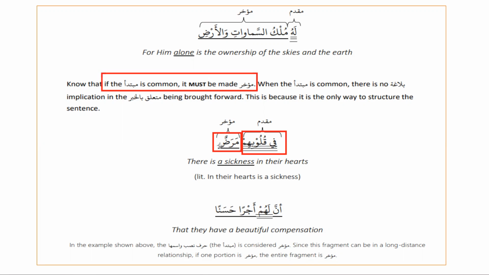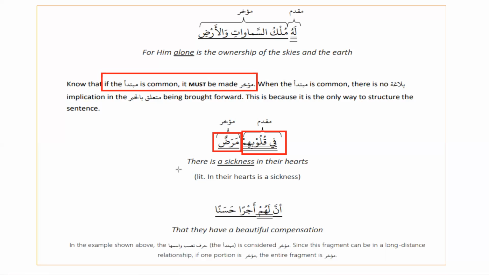Oh sorry, a mubtada which is nakira should be muakhar. That's the normal way it is. So there's neither emphasis nor exclusivity over here. When we have a MBK brought forward and a mubtada muakhar, but the mubtada muakhar is common, then there is no rhetorical implication.